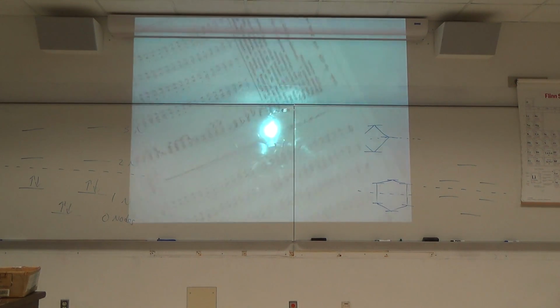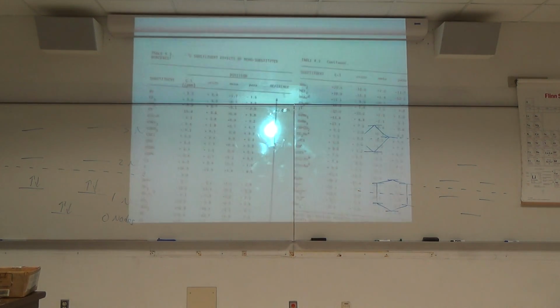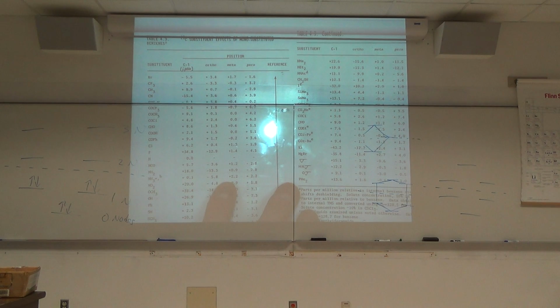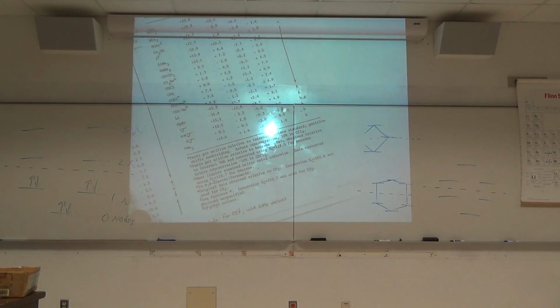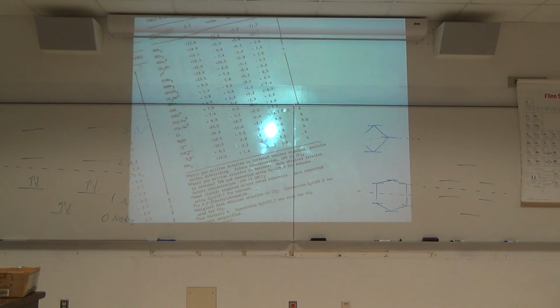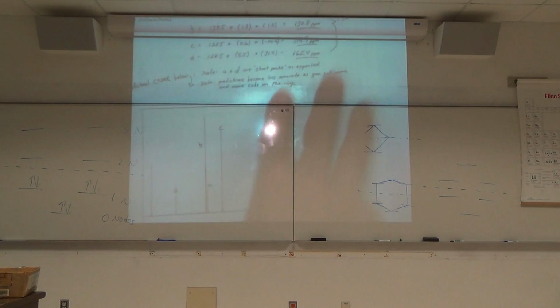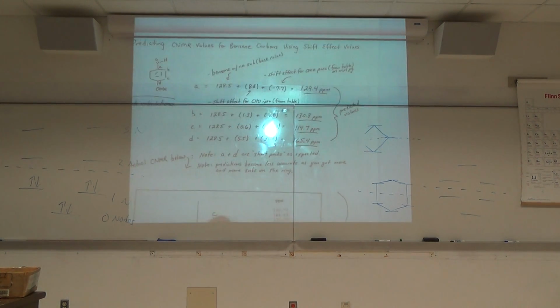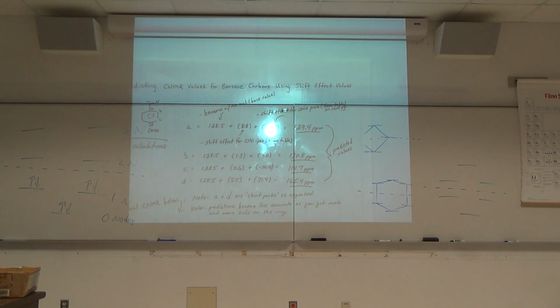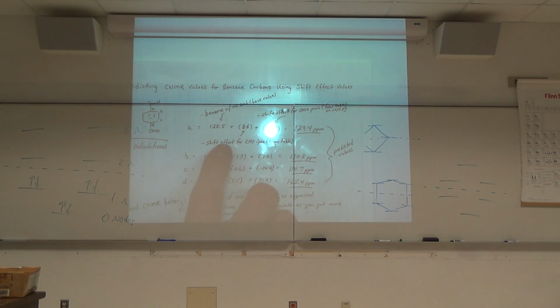On the back side is a list of what substituents do. You'll need to memorize this for the test. If you know me, you know that we never memorize any of this. You go look it up when you need it. I mean, come on.